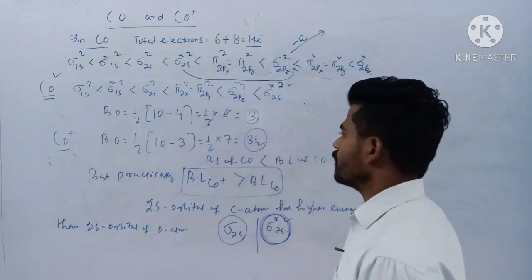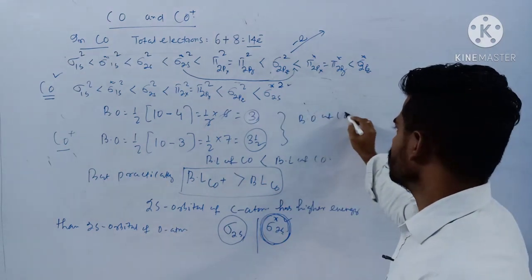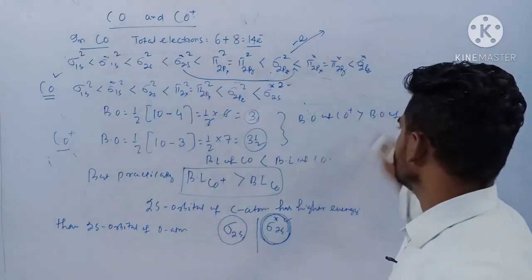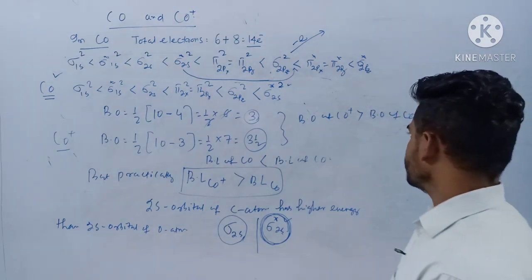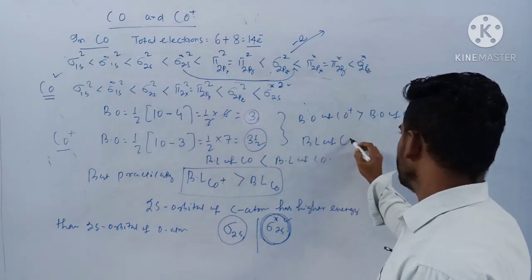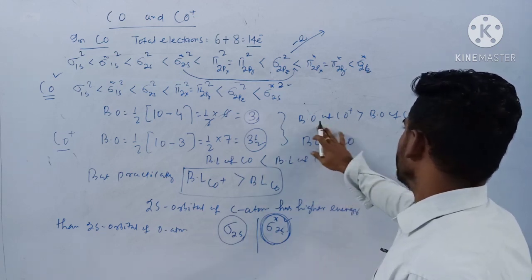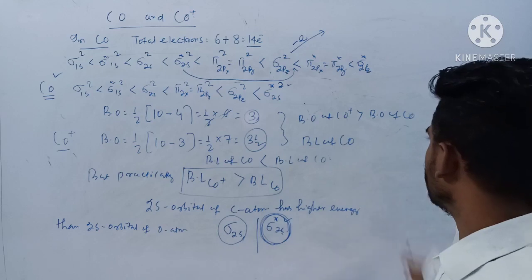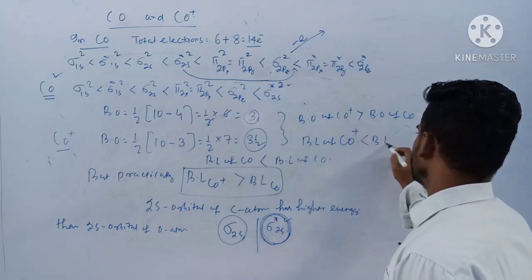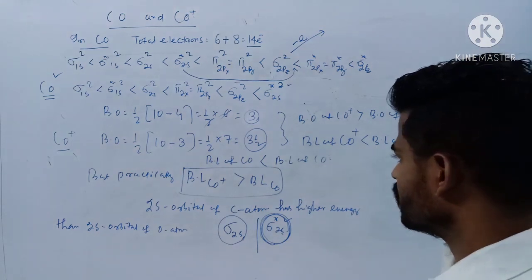Now you see the bond order of CO plus becomes more than that of CO. So regarding bond length, the bond order of CO plus is greater than that of CO, so the bond length of CO plus is less than that of CO. You see, now the case is reversed.